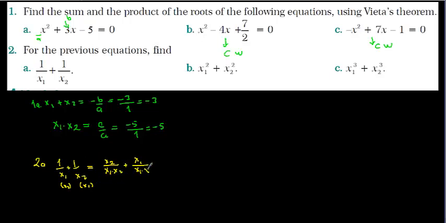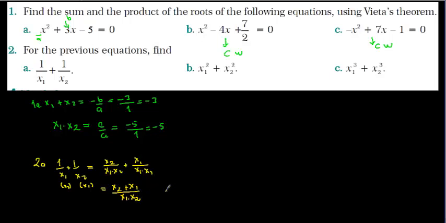Now the denominators are the same, so we can write the common denominator only once: x2 plus x1 over x1 times x2.